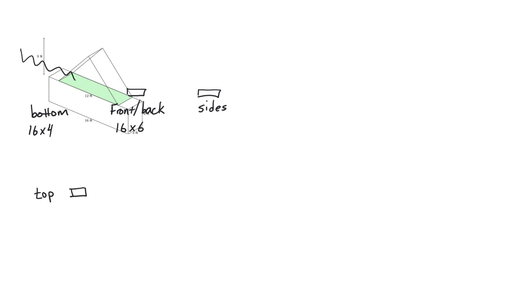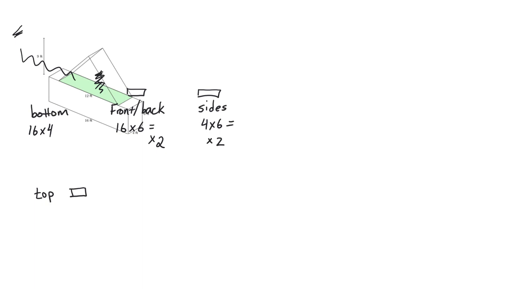Now, because the back is the same size as the front, whatever number I get here, I'm going to multiply it by 2 because I have a front and a back. For the sides, this part here, my area is going to be 4 times 6. And whatever number I get, again, I'm going to multiply it by 2 because there's a left side and a right side over there.